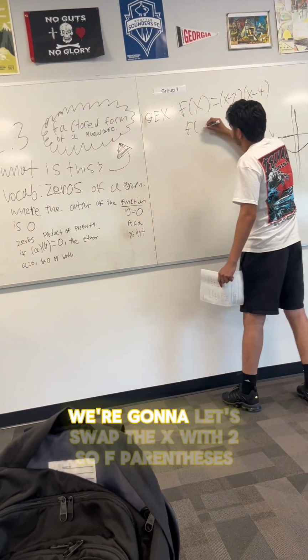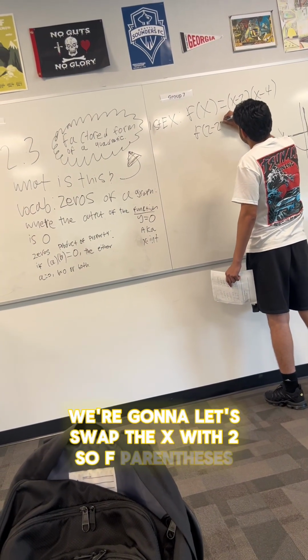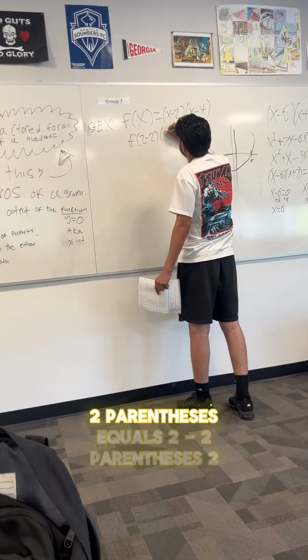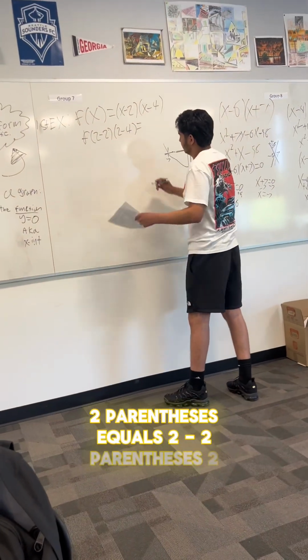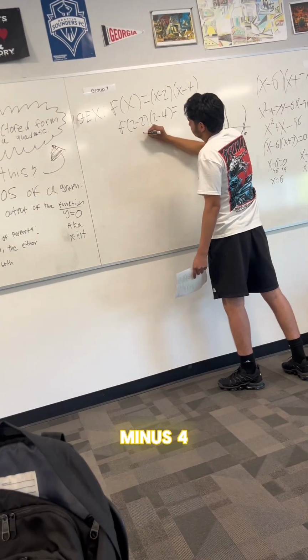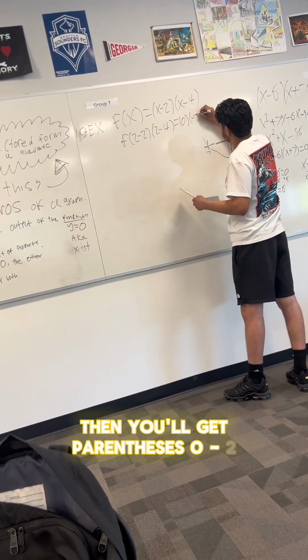We're going to swap the x for the 2. So f of 2 equals (2 minus 2)(2 minus 4). Then you'll get 0, negative 2.